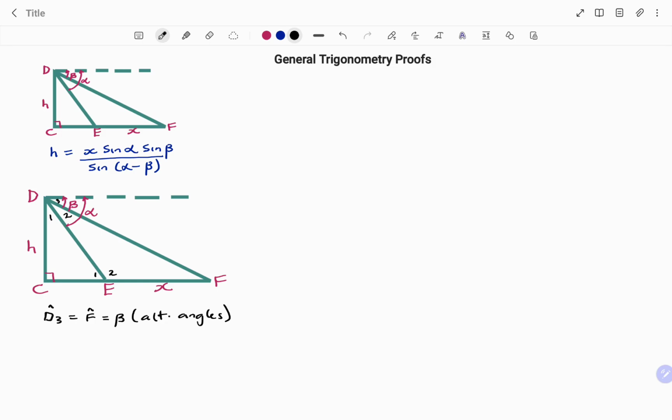Note that the dotted line as shown is parallel to your CF. So therefore, the angle at F is equal to beta.